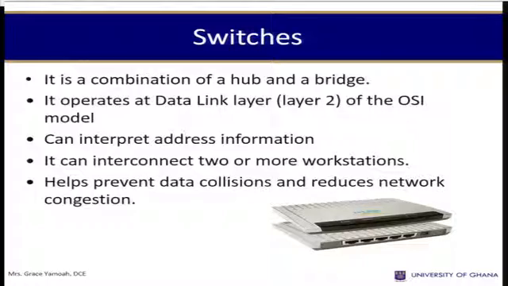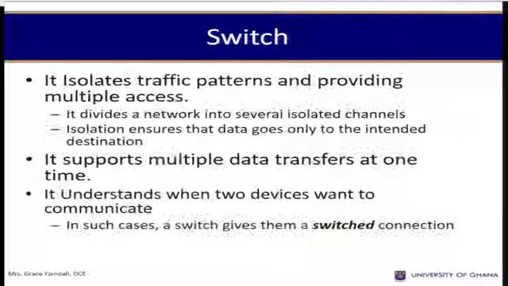Switches. A switch is a combination of a hub and a bridge. It operates at the data link layer, layer 2 of the OSI model. It can interpret address information. It can interconnect two or more workstations, helps prevent data collisions, and reduces network congestion. A switch isolates traffic patterns and provides multiple access.